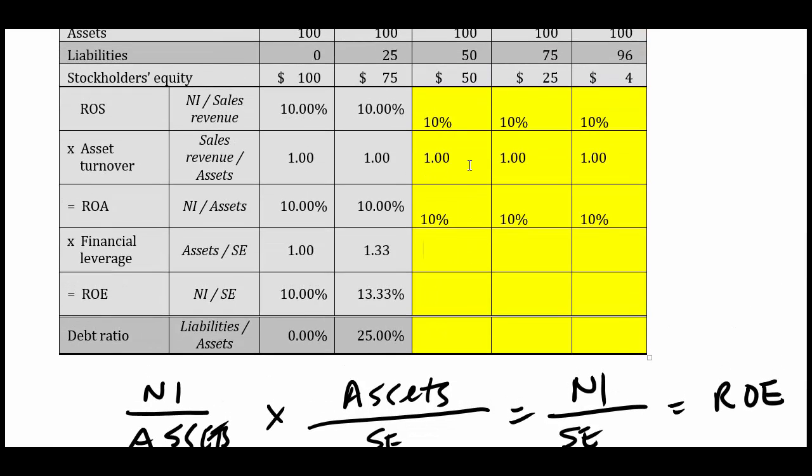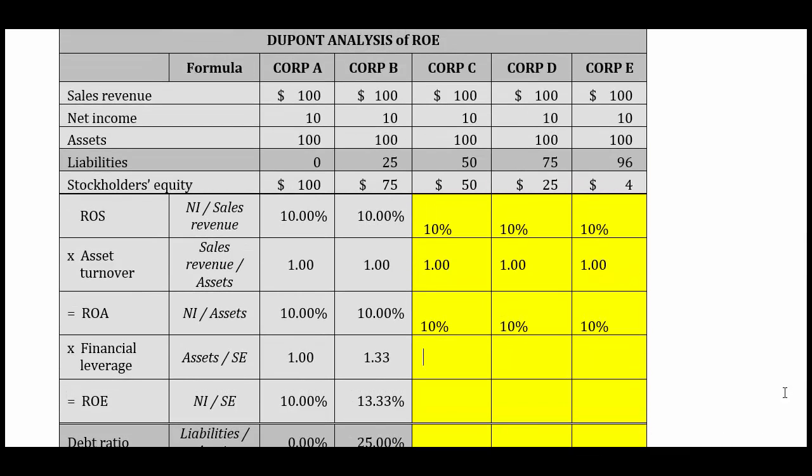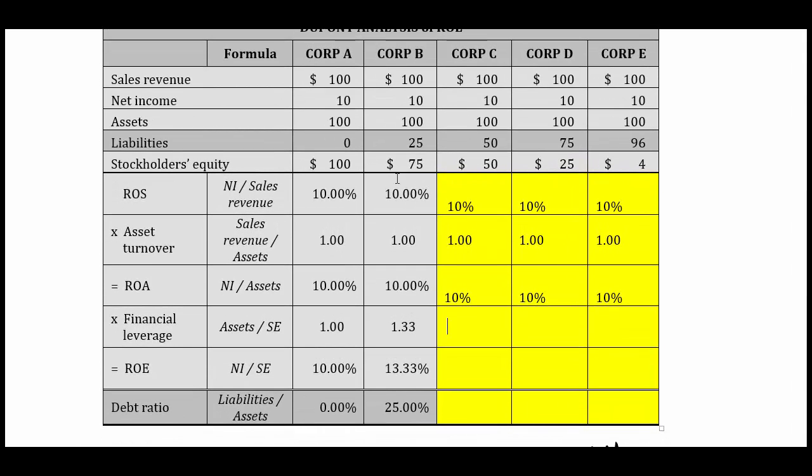Financial leverage in the first example was 1 because it was 100 divided by 100. In B, it was 100 divided by 75, or 1.33. In C, it was 100 divided by 50 stockholders' equity, so it's going to be equal to 2.